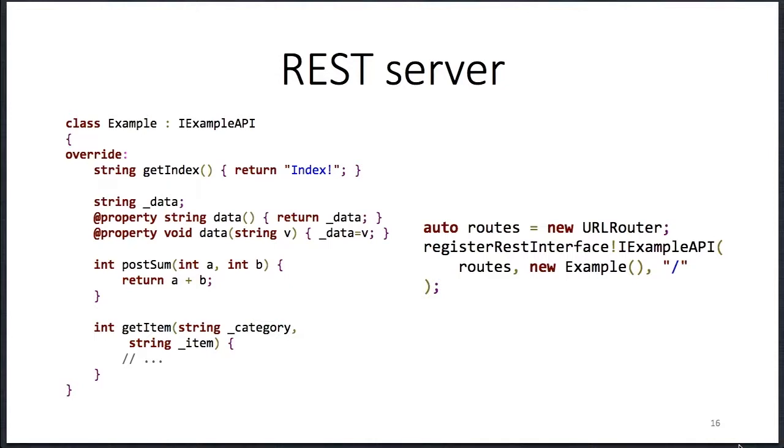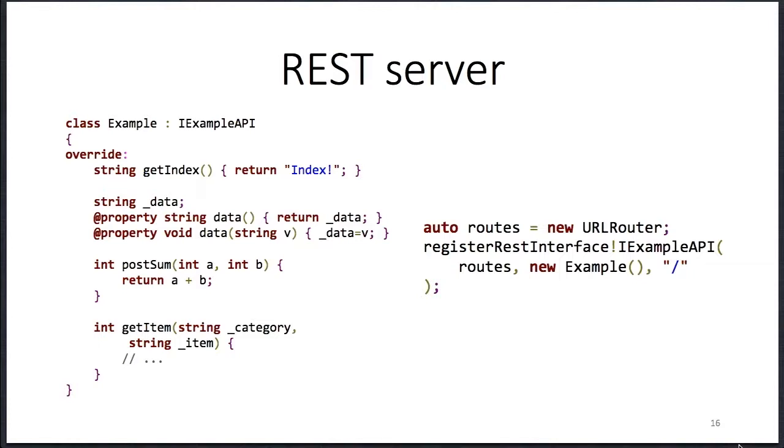Specify the interface, create the instance, and specify the path. It's really easy, and I think it provides a very interesting alternative to the classical methods of sending data, unpacking it, deserializing it, etc.